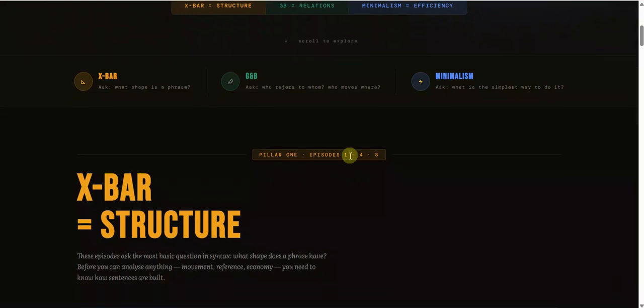So let's first start with X bar. It asks what shape is the phrase, and then GB, this asks who refers to whom, who moves where, and minimalism, what is the simplest way to do it. These are just phrases for you to use as a trick.